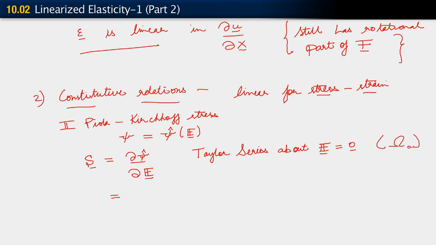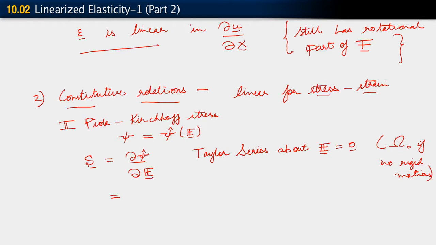If E is equal to 0, we're still in the reference configuration, if we throw out rigid body motions, because otherwise rigid body motions can also give us E equals 0. So let me make that clear: omega naught if no rigid motions.